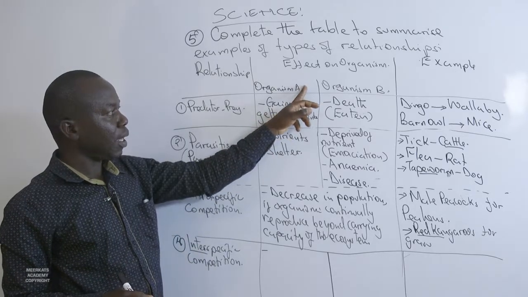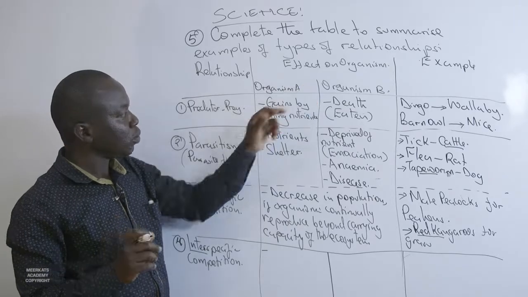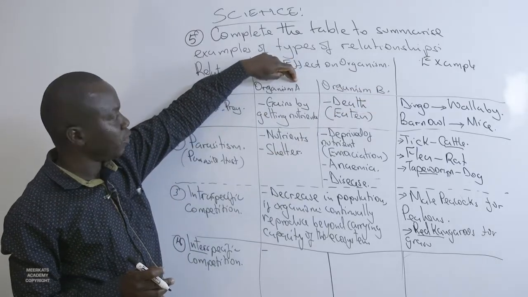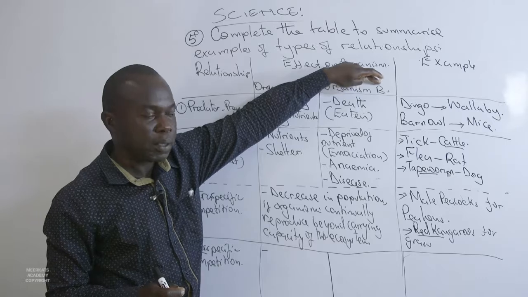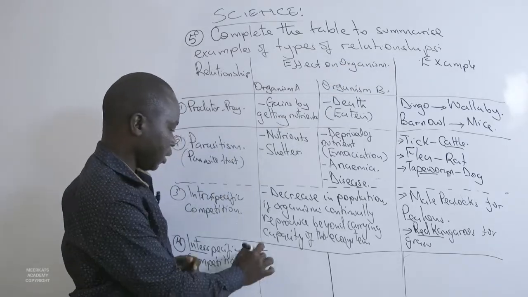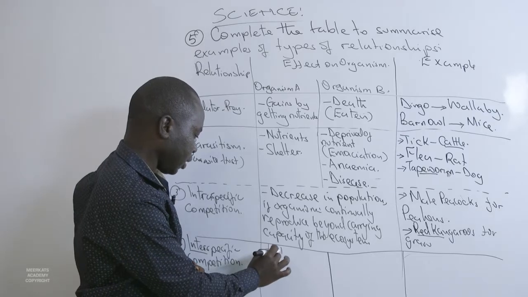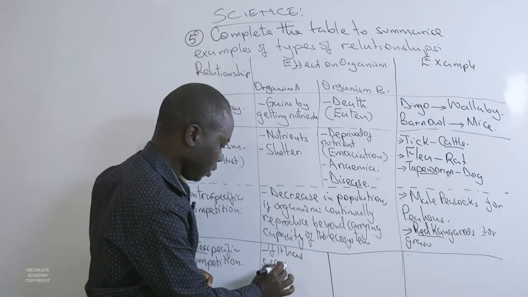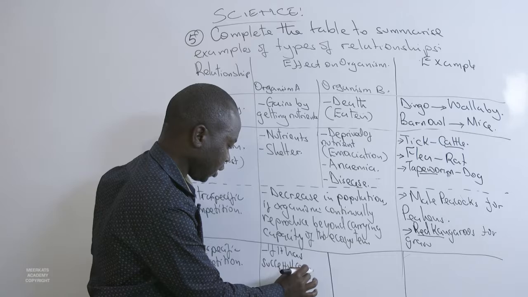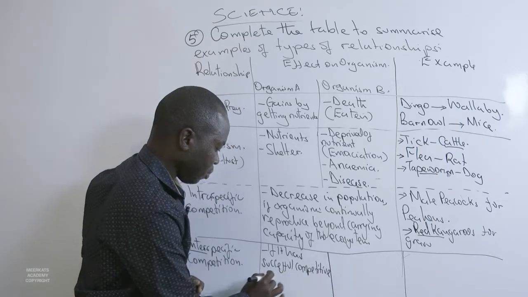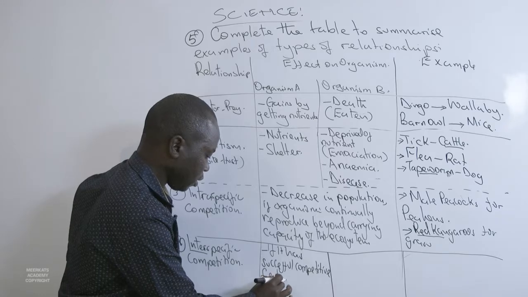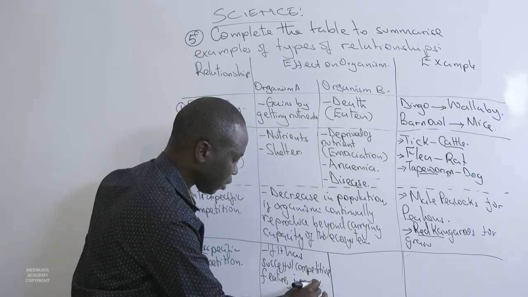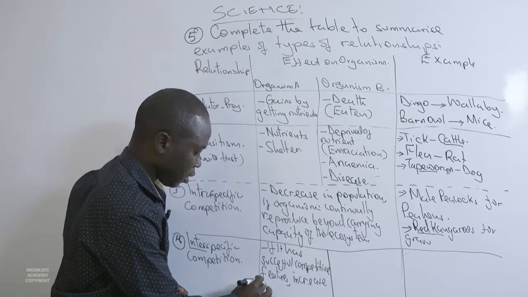So if organism A has a higher ability to reproduce than B, it is going to produce many of A, which will outcompete B. So here the effect is, if it has successful competitive features, the effect will be an increase in population.